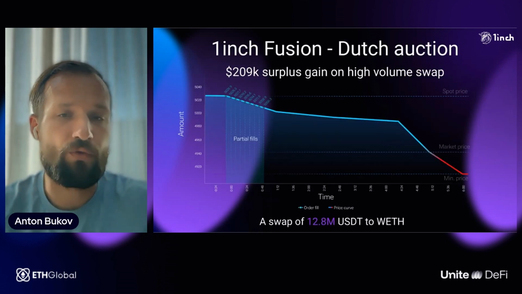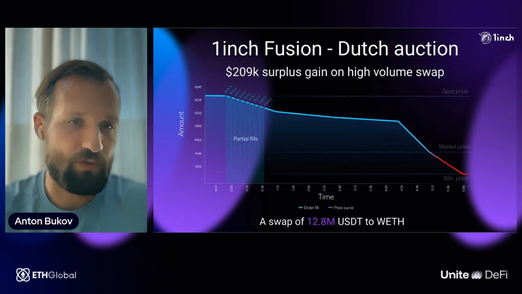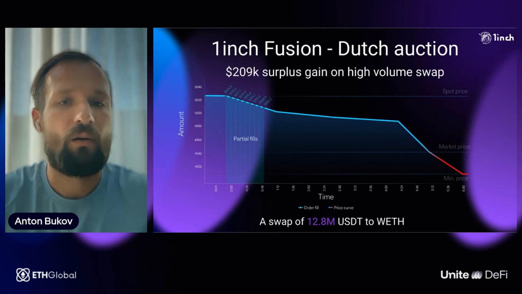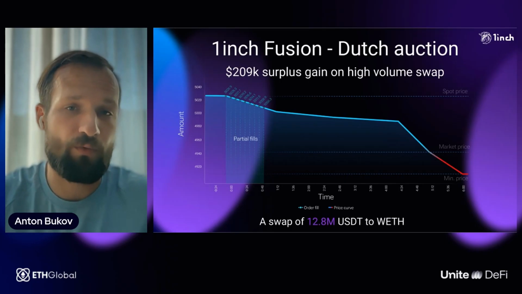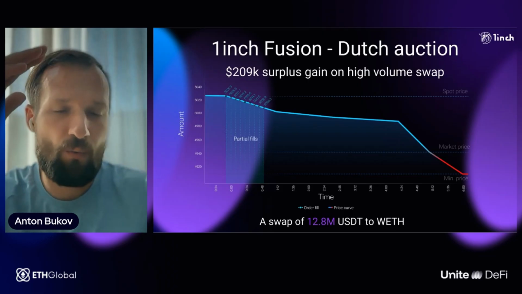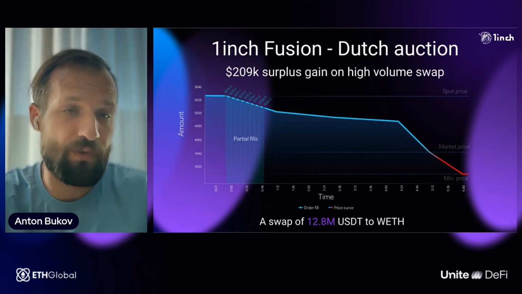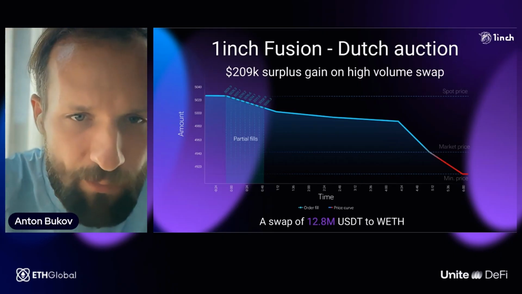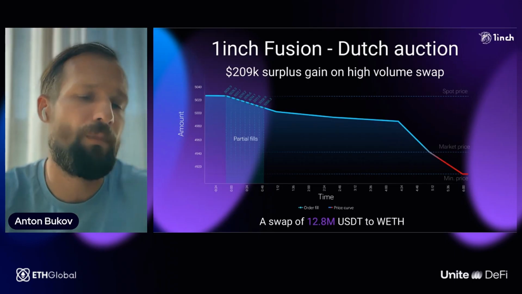That's how one of the auctions usually looks. This is an example from on-chain. This was an almost 13 million swap from USDT to wrapped ETH. Here you can see a chart of how the price went during this auction. You can see multiple fills happened in less than 1 minute.